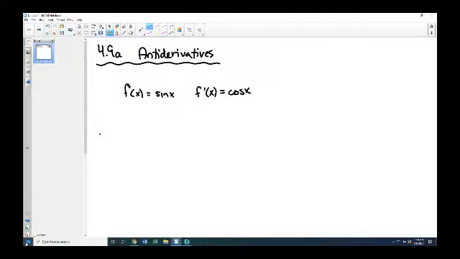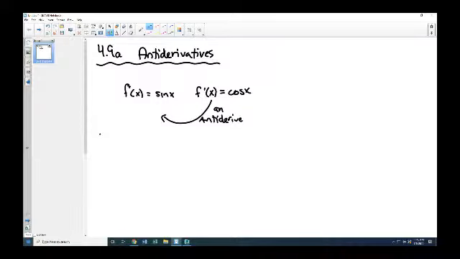You have a bunch of memorized derivatives you could spit out right now, probably. Here's the kicker. An antiderivative: you have a derivative, you antiderive, you end up back at the original as an antiderivative. So that's going to be key. It's an antiderivative, not the. Okay.